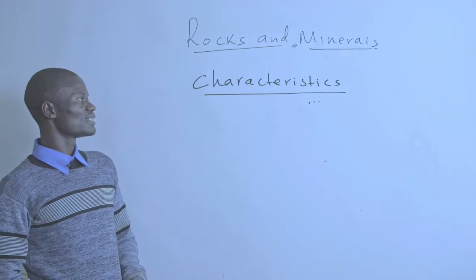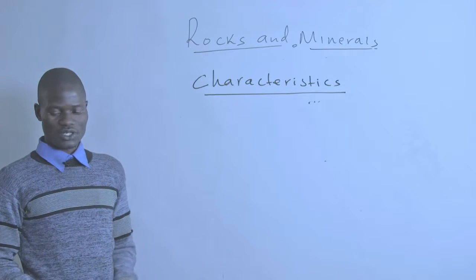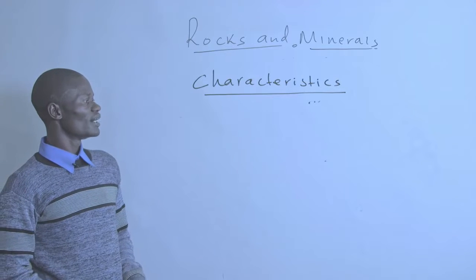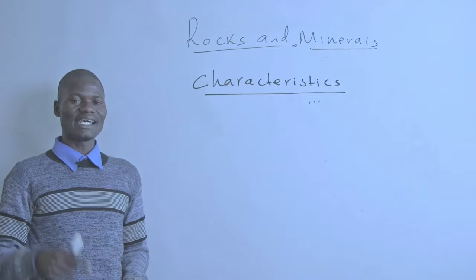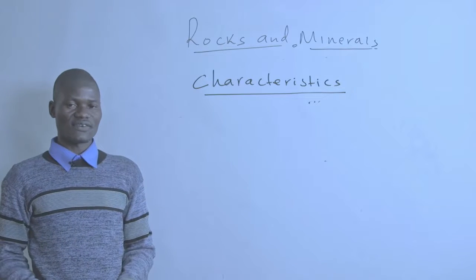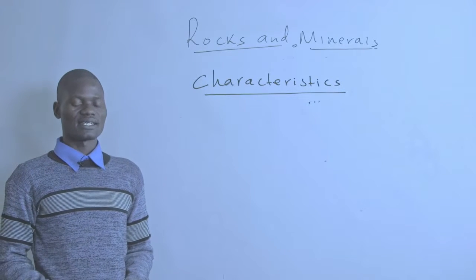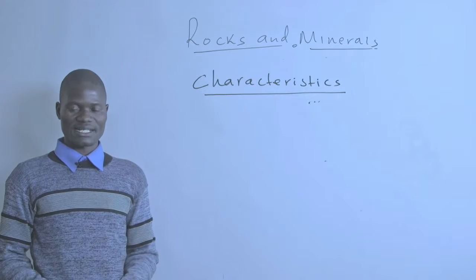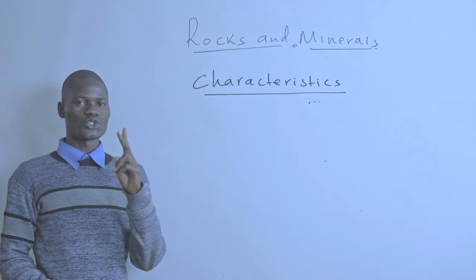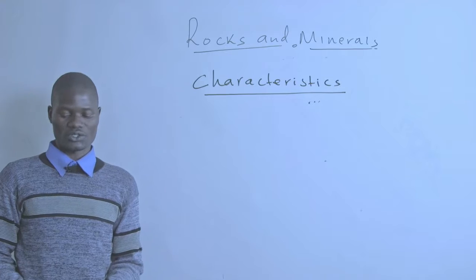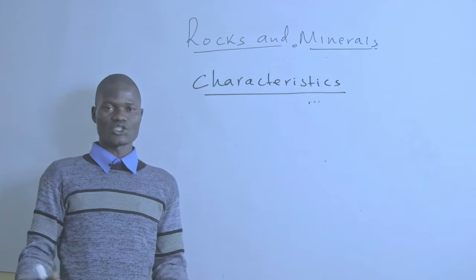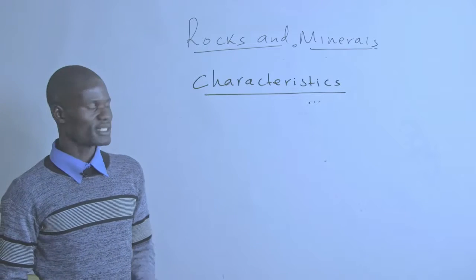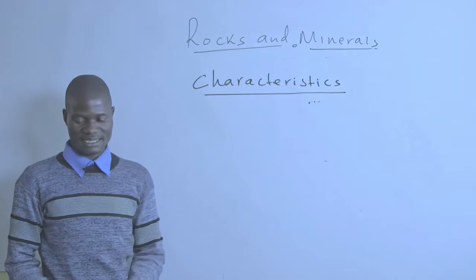As we have already seen, igneous rocks have been formed as a result of magma cooling and solidifying either on the earth's surface or beneath the earth's surface, the earth crust, leading to two distinct rocks: extrusive igneous rocks and intrusive igneous rocks. They have the following characteristics.